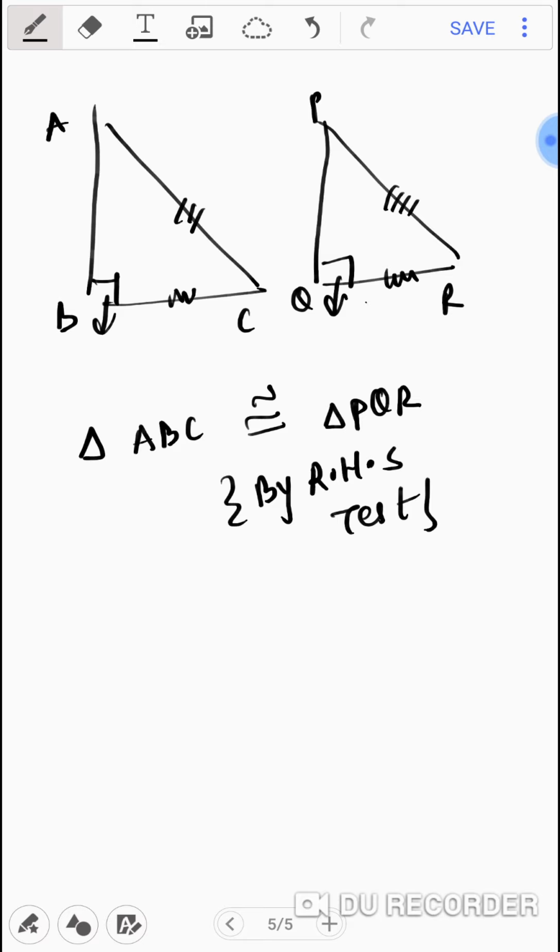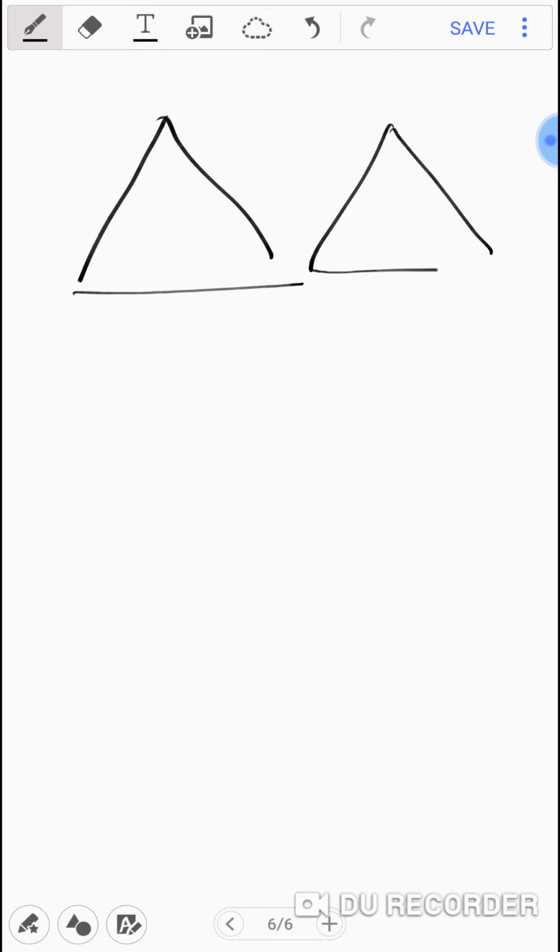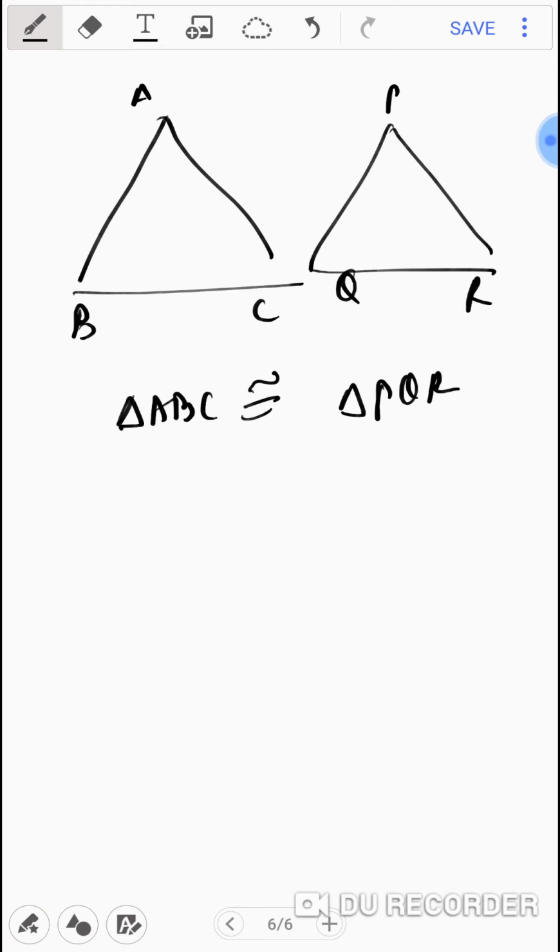Okay. Now one more thing is there. Suppose these two triangles are congruent, that is, they are exactly equal by whatever test you apply, any of the 5 tests. Once they are congruent, triangle ABC is congruent to triangle PQR. Once they are congruent, you can take any part of these two triangles and make them congruent by writing CPCT.